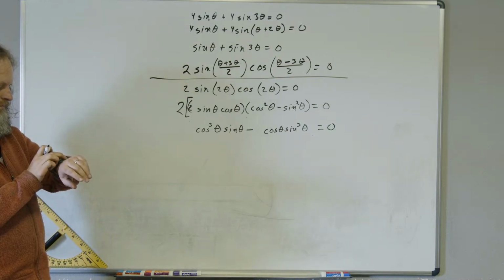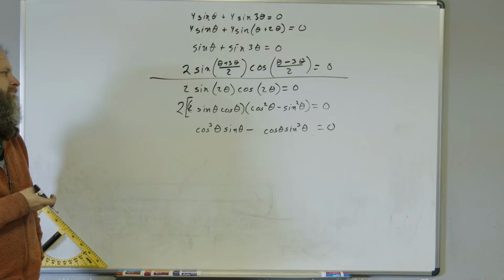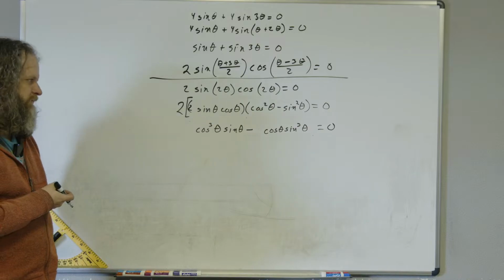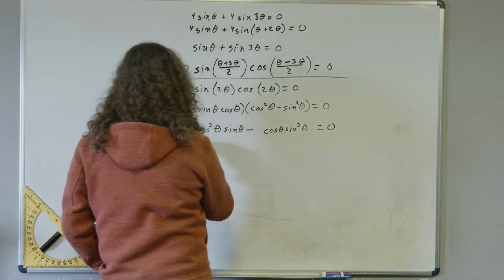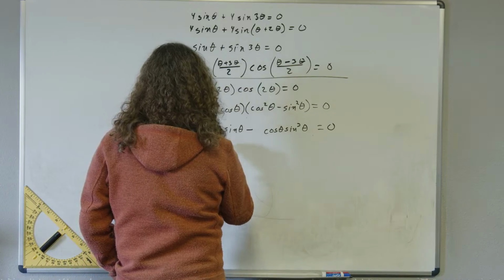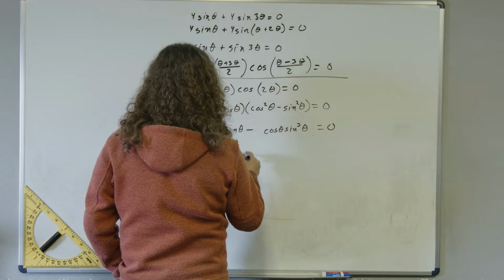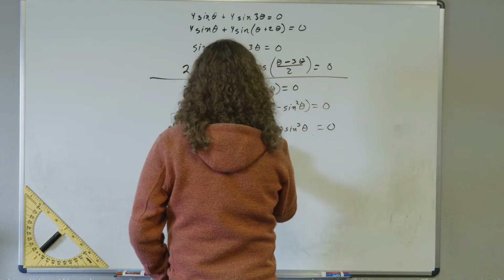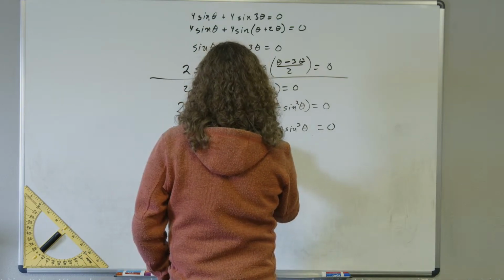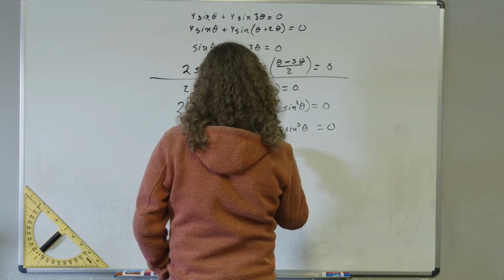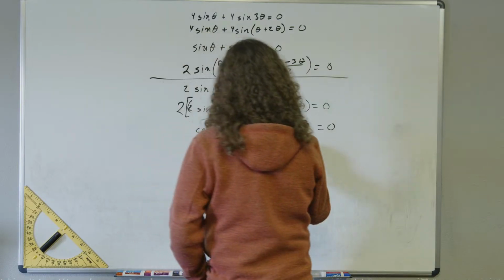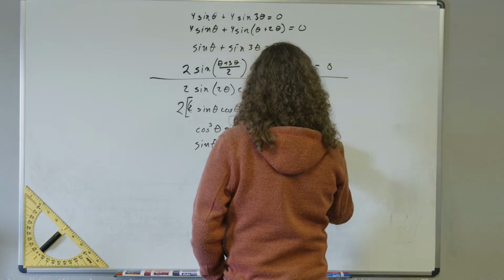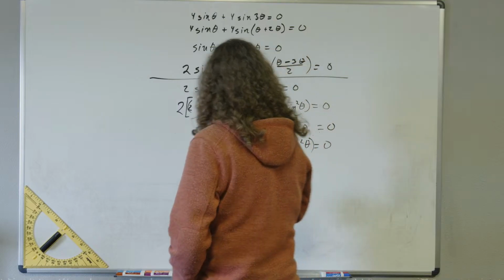Can we take out a cosine and a sine? Sure, take out a cosine and a sine, so sine theta cosine theta times cosine squared theta minus sine squared theta equals 0.